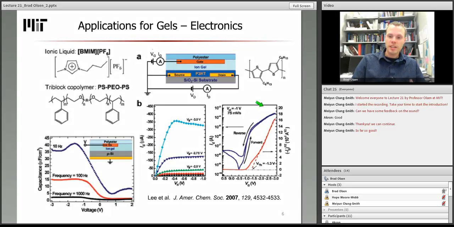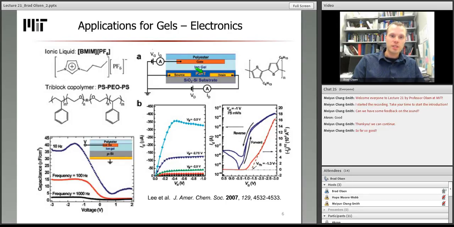And again, because the transport in the solvent of the gel, in this case the ionic liquid, is diminished only very, very little relative to that in the bulk solvent, they're able to get very rapid ion motion within this gel. And so they can produce capacitors, which is shown here in the lower left. And then they also use an organic semiconductor, P3HT in this case, in order to produce a channel.